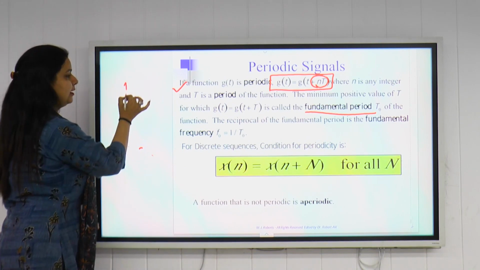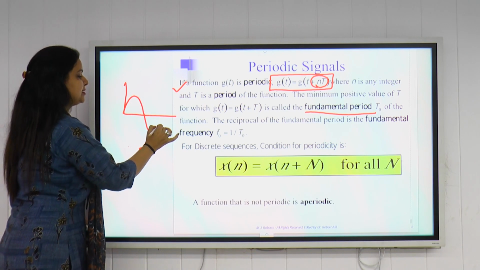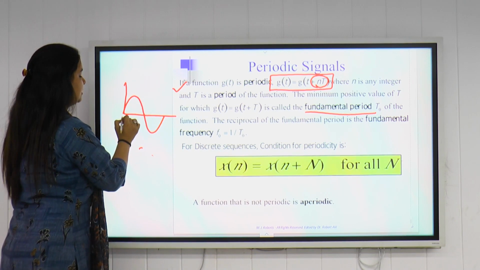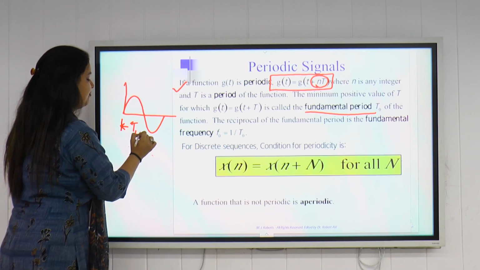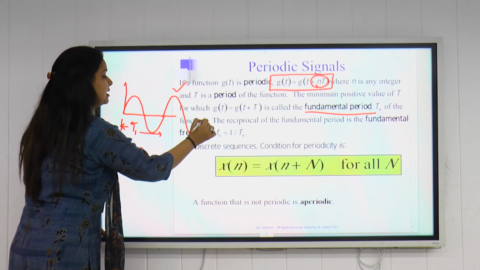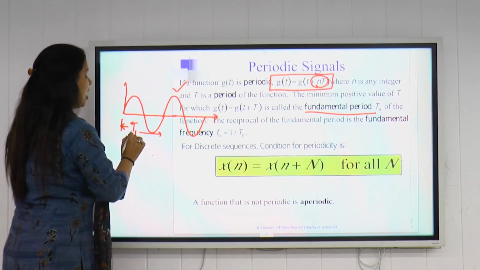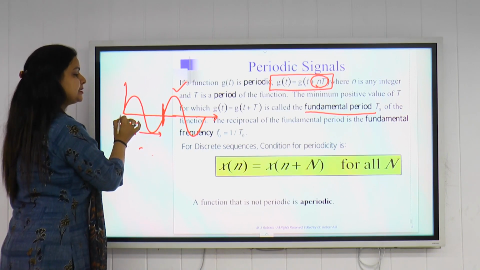So I can draw it here also. Suppose this is the signal. Let it be a continuous time signal if I take the case. This signal, let the time period be T1. After this particular instance, let the signal be repeating. So after T1 up to this point, this signal is the same.